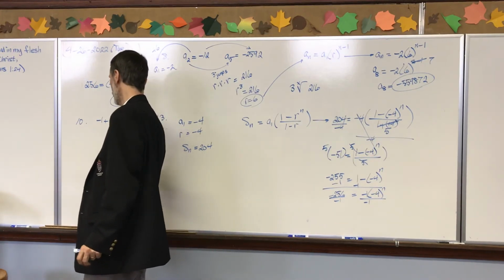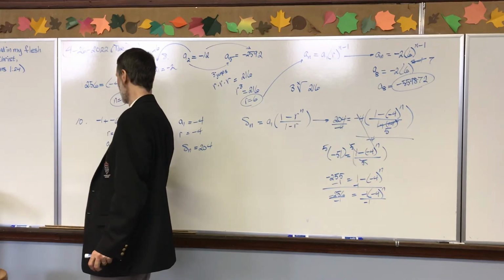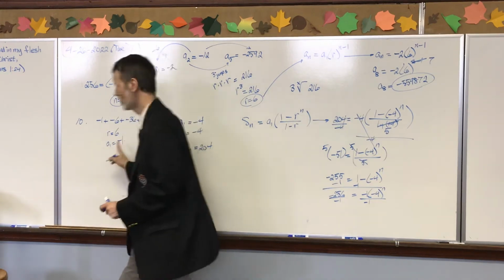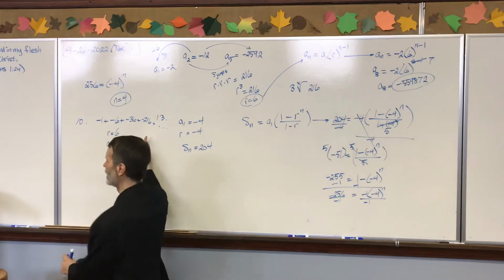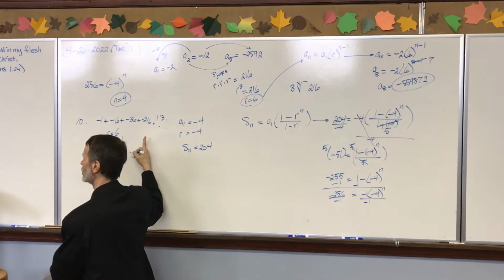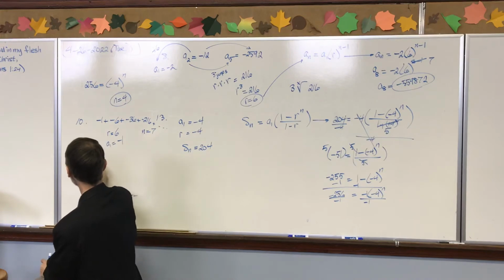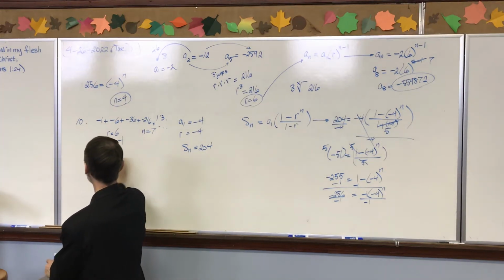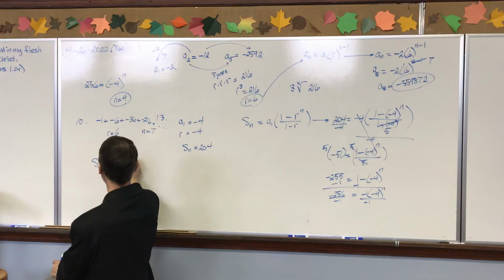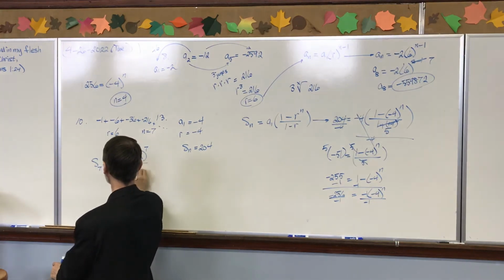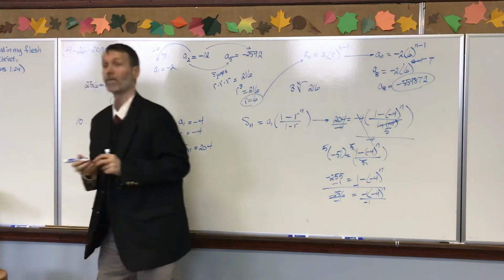Correct. What's a sub 1? -1. Good. That should be all you need for that. And they said n is equal to 7. So it should be S sub 7 equals A1 times (1 minus 6 to the 7th) over (1 minus 6). Simplify that and you're done.